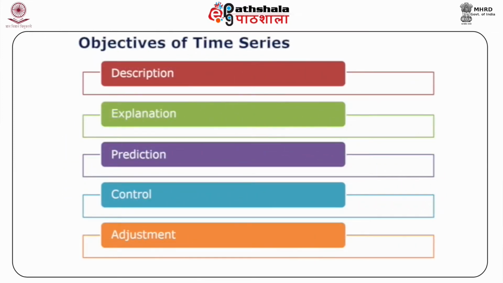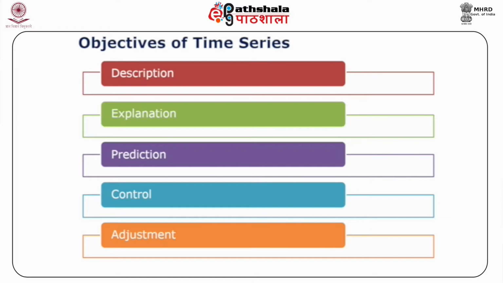Let us study the objectives behind using time series. Time series helps in obtaining the statistical measures of data. The description may be in the form of summary statistics or graphs. It is helpful in observing the variations in the time series and further explaining the variations to understand the trend.